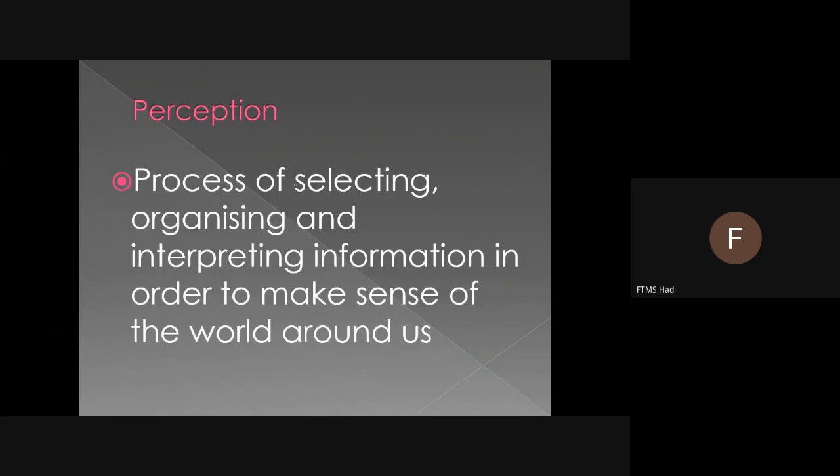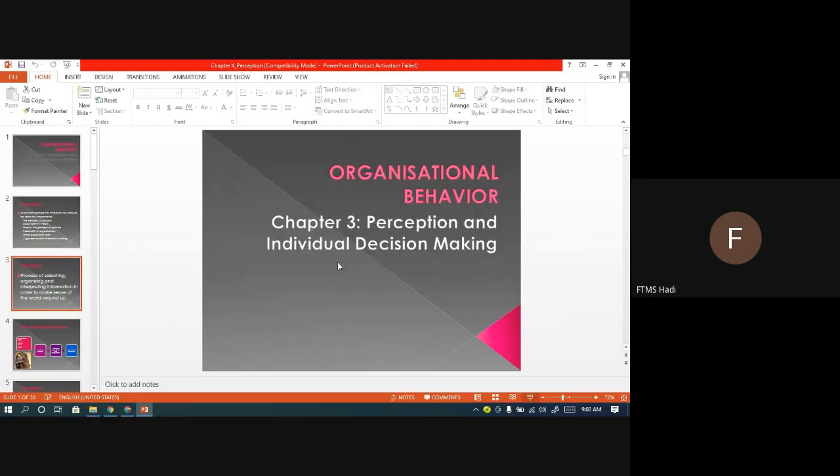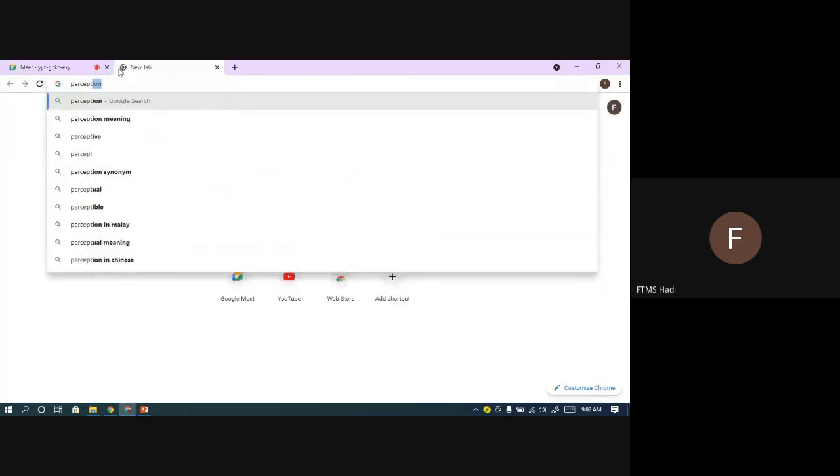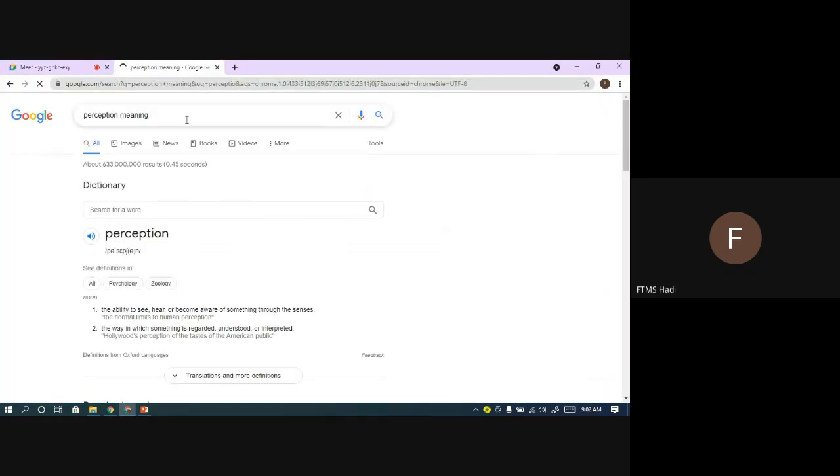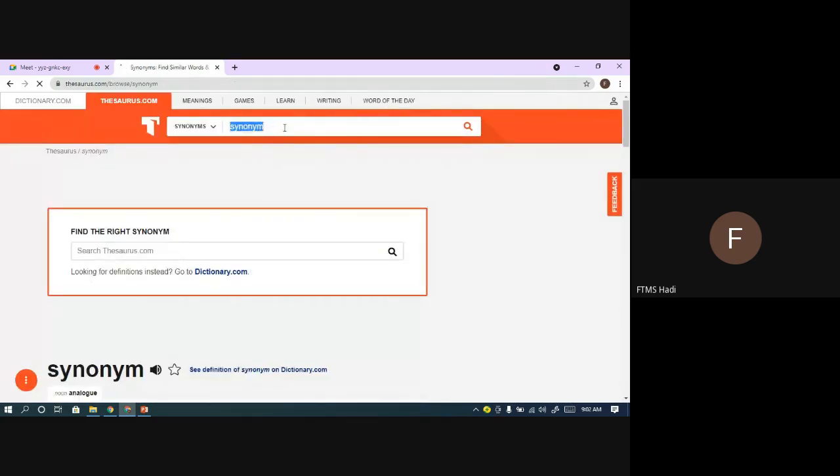Okay, what is perception? If you look at that word, let's have a look at the dictionary a little bit. The word perception.